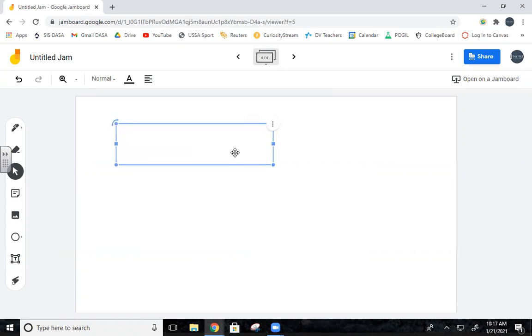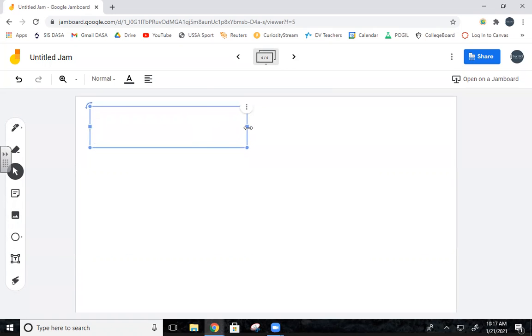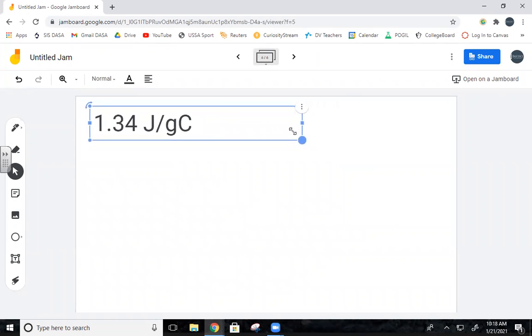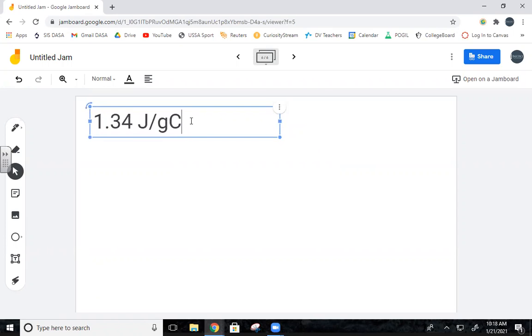The thing is that paper is quite light, right? Paper has a specific heat of 1.34 joules per gram Celsius. And we just have a single piece of paper. A single piece of paper might weigh 0.3 grams.